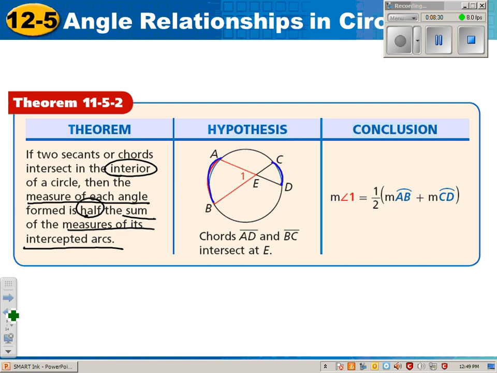If I wanted to find angle 2, then I would add AC and its vertical arc, BD, and take half of that. So it's half the sum of the two arcs, the one that it intercepts and the one that it's vertical to. Are you with me there? Inside, add, and take a half.